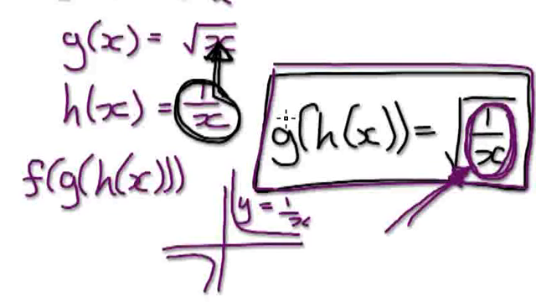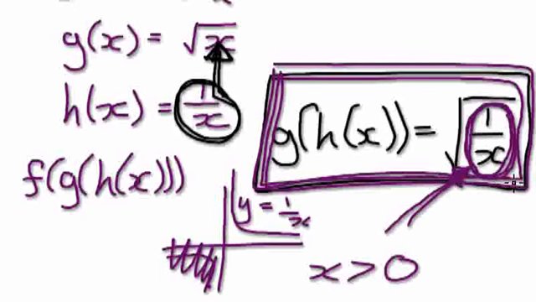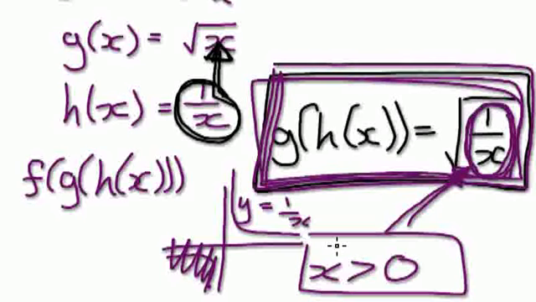You see, on this side here it will be negative. So the domain for this function will be anything where x is greater than 0.